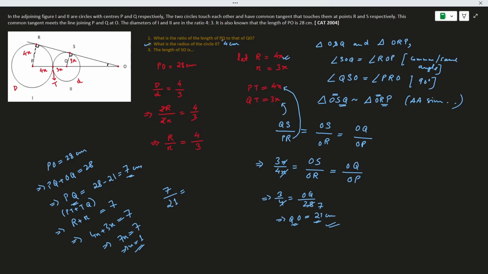Just double checking: PQ is 7, OQ is 21, correct. So the required ratio will be 1:3. So from this, two questions are answered. This is 1:3.